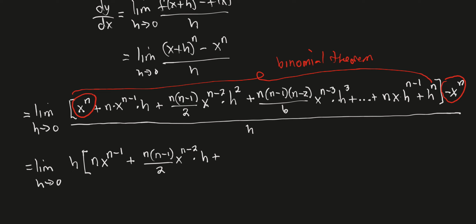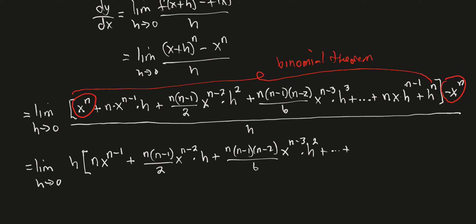So that h cubed becomes an h squared when I factor out that h. So I have this, and then that, and then over 6, and then we have x to the n minus 3, and then times h squared, right? And then that pattern will continue.